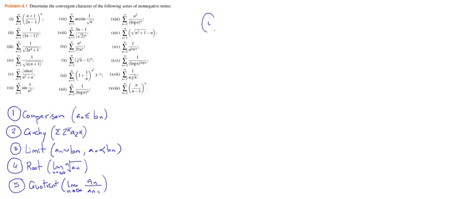The first one is the sum from n equals 1 to infinity of (n plus 1 over 2n minus 1) to the n, right? Now, this is the perfect candidate for the root test. Why?